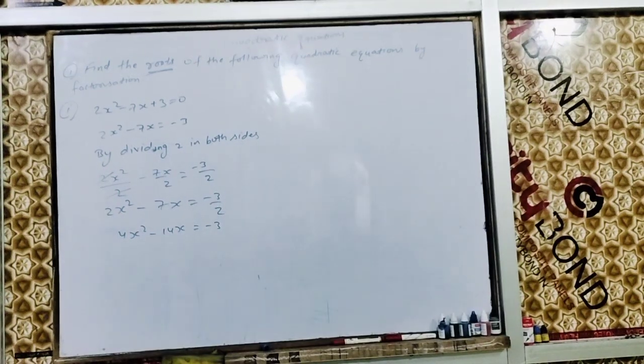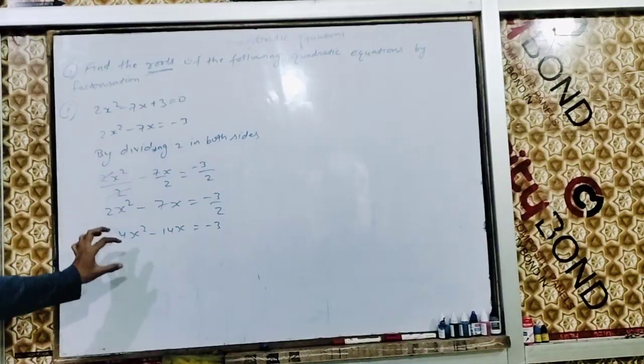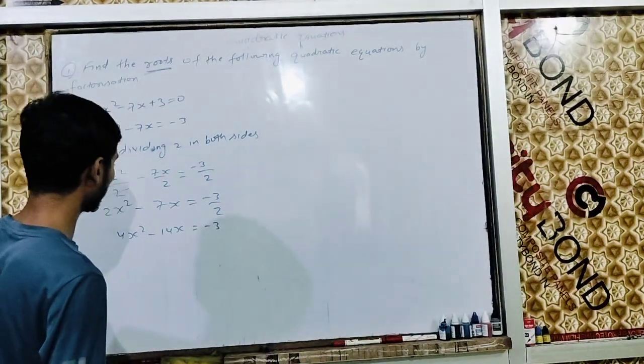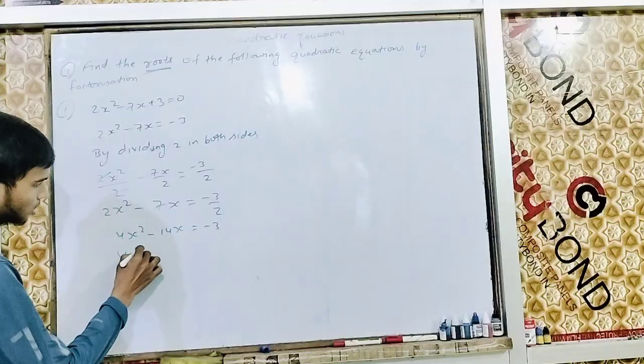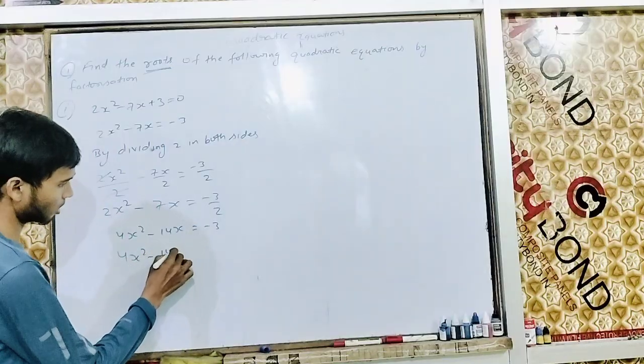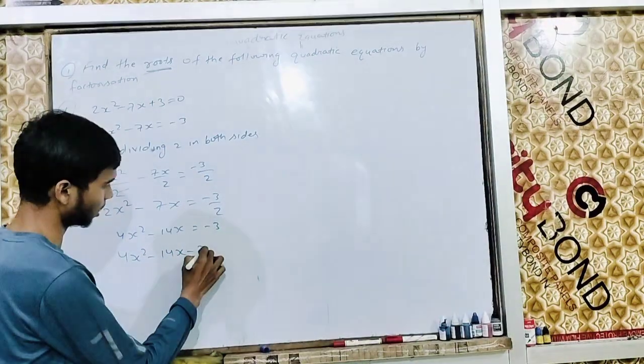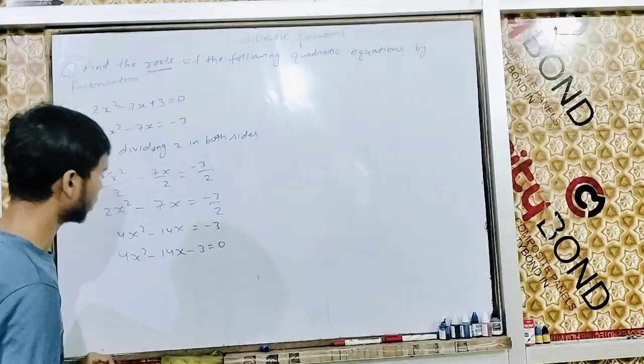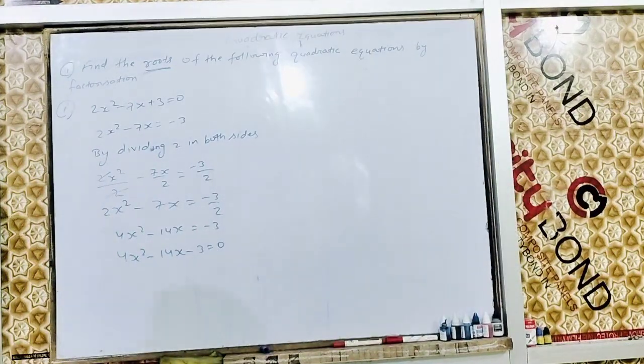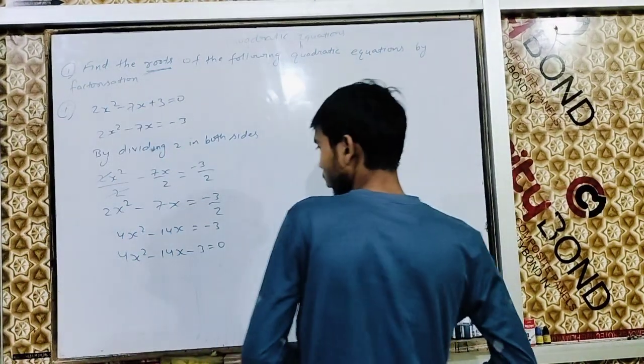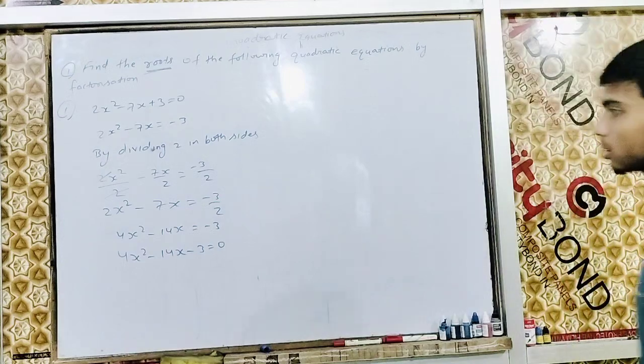Now nothing is common. You can say nothing is common. But here one thing we can do is apply this minus 3, and it is equal to 0. Here further you will have to use the splitting method.